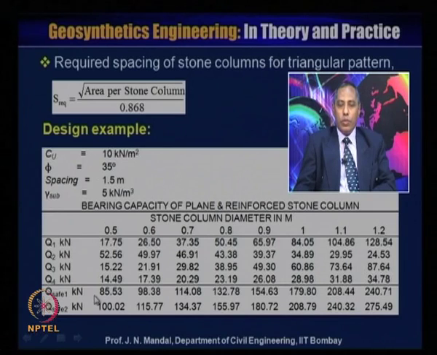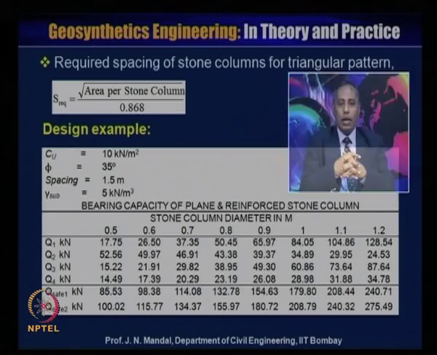So, total Q shape 1 is 240.71 and Q shape 2, for this geosynthetic material, is coming to 275.49. So, you can have some idea of how you can increase the load carrying capacity of the NK stone column.